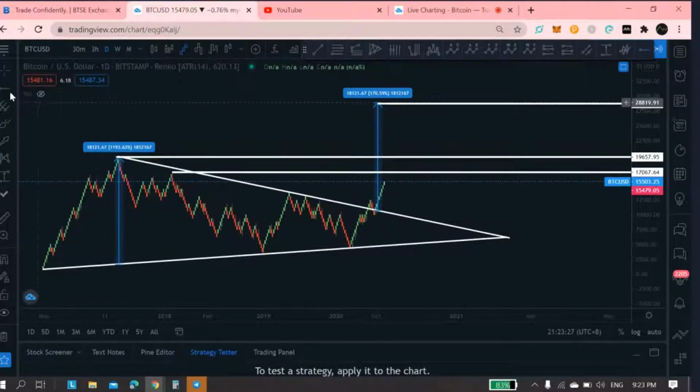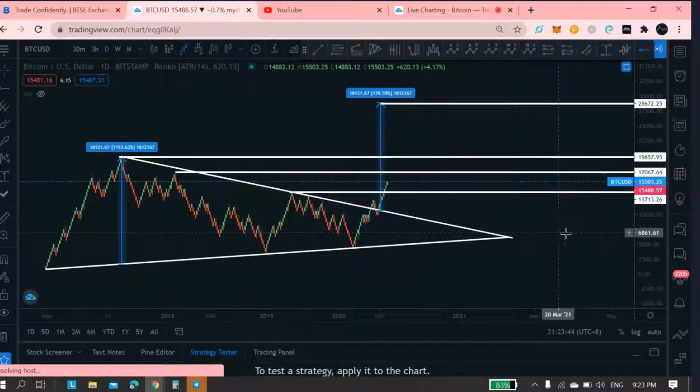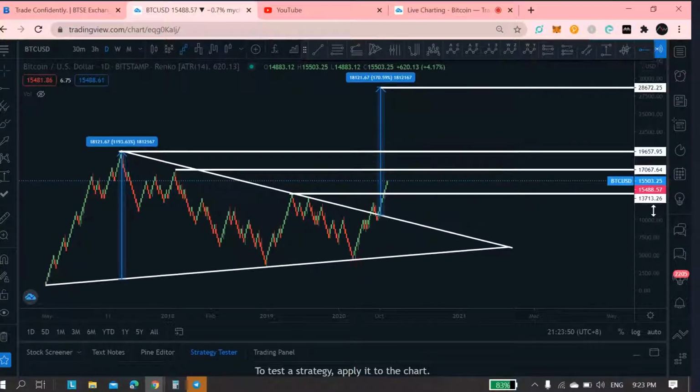For support, with each Renko chart you can actually use that as support and resistance. But for this one, I'm looking at this area as a strong support area, around 13,713, which is the previous top here.